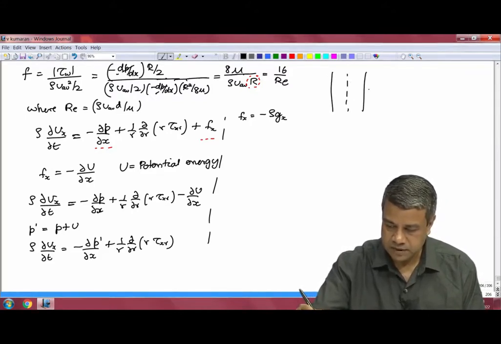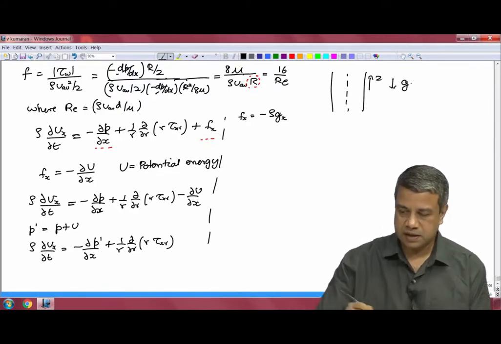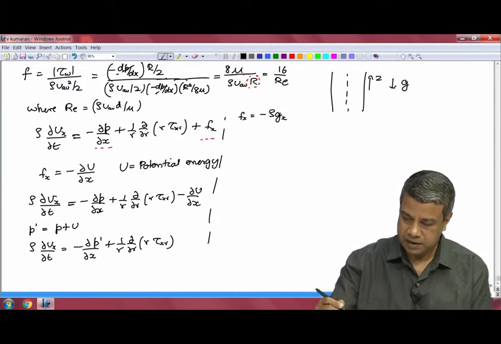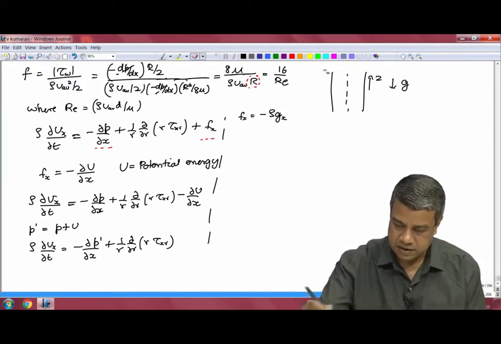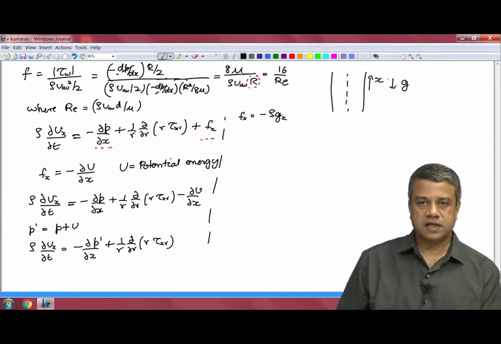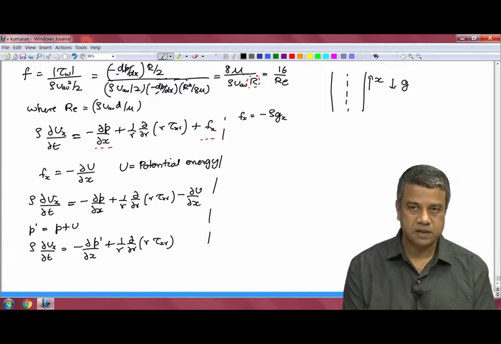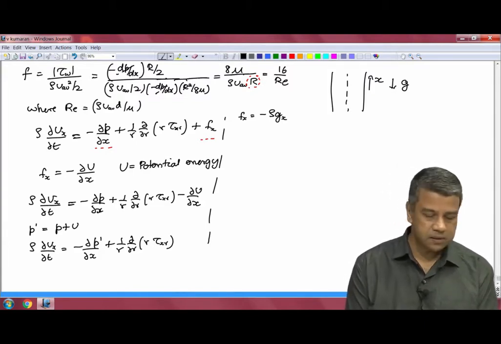So, if you have a vertical pipe, in which this is the x direction, in which the gravitational force is acting along the axial direction, in the minus x direction. Gravitational force is acting downwards, x is the coordinate in the upward direction.